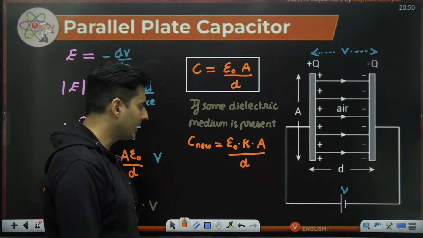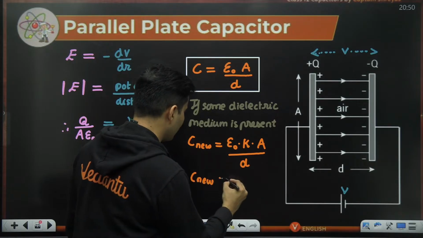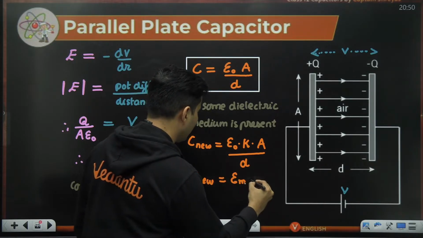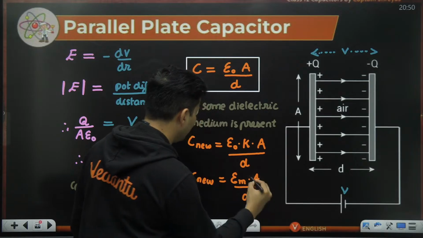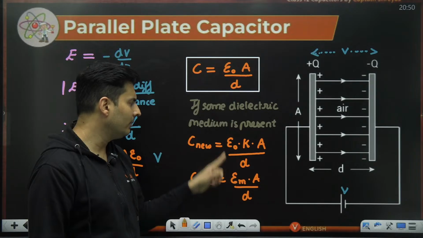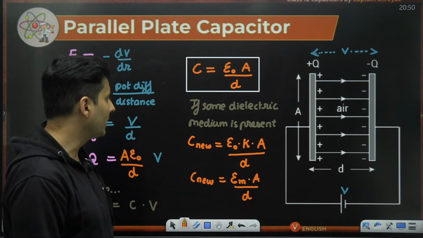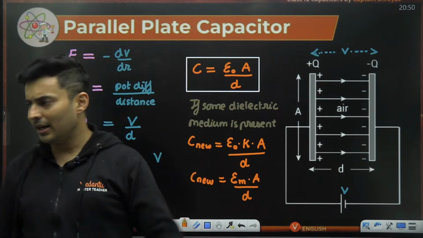You can also write that the new capacitance is epsilon of the medium into A divided by D. So instead of permittivity of vacuum, you have permittivity of the medium, which is epsilon naught into K. Is that absolutely clear, my dear students?